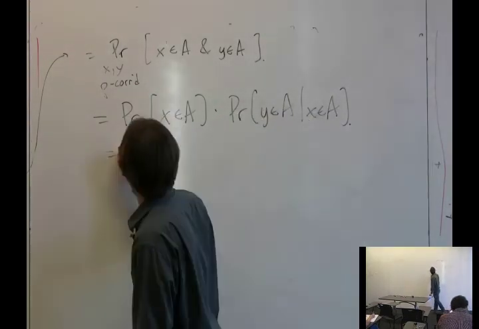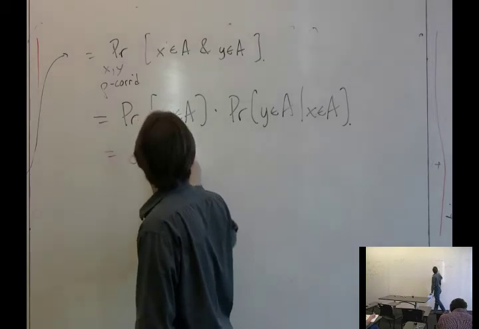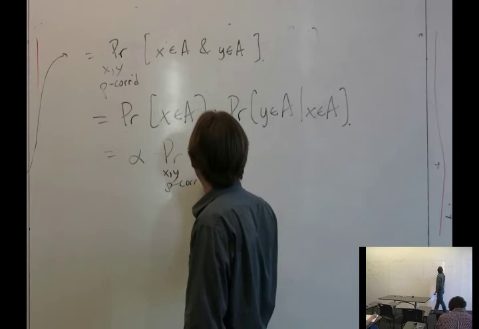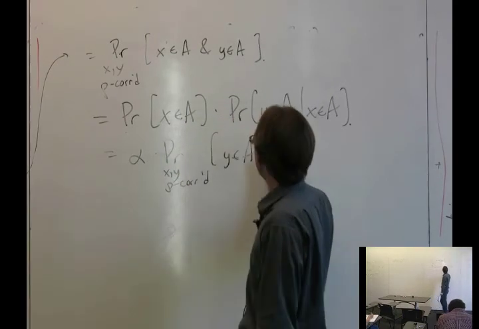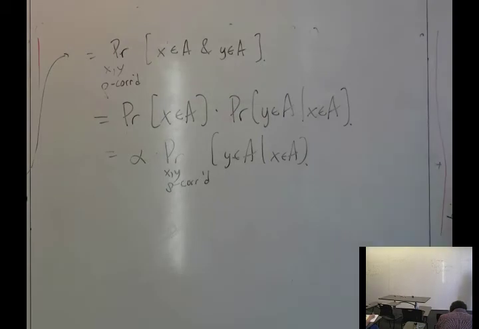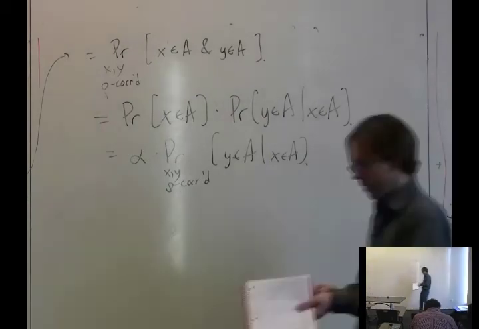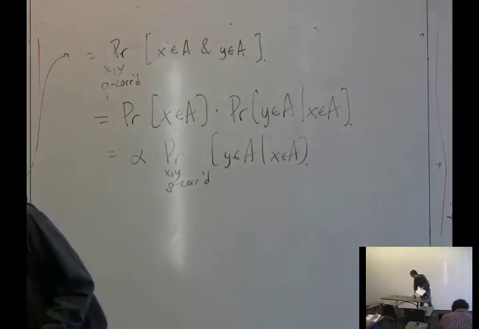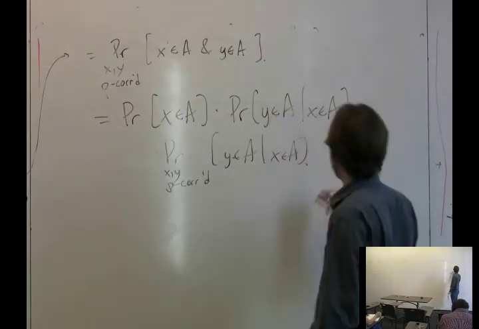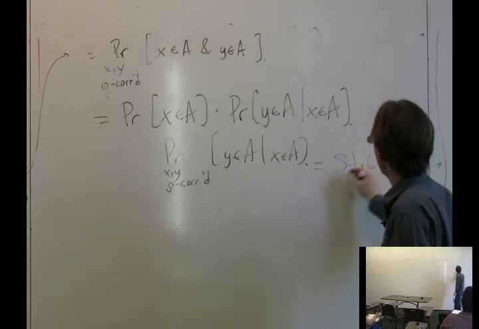So this is alpha times the probability, x and y rho-correlated, that y is in A given that x is in A. Or in other words, just dividing this by alpha, this probability is equal to the noise stability over alpha.